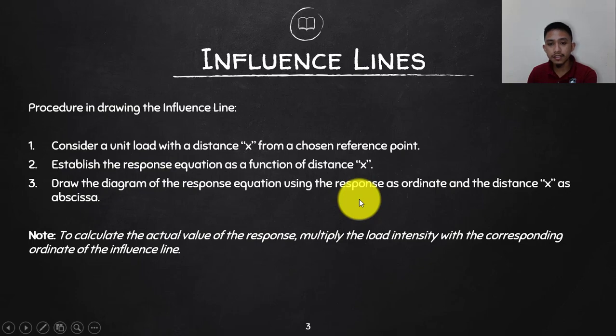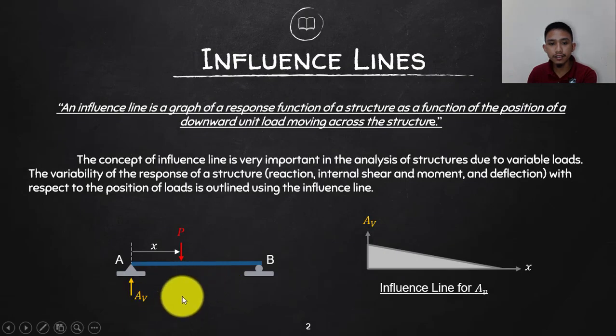If you say response equation, let's say you are after the response of reaction. For example, in here, your response is the vertical reaction. So you are going to establish the equation, since of course that will be in terms of an equation. You cannot solve an exact value since this P is moving at a certain variable x.